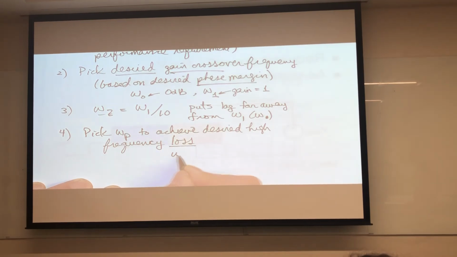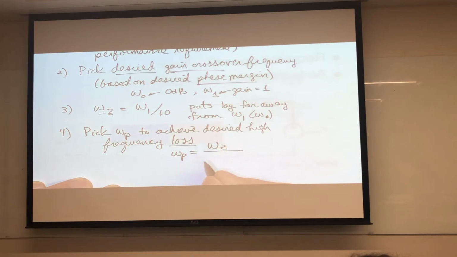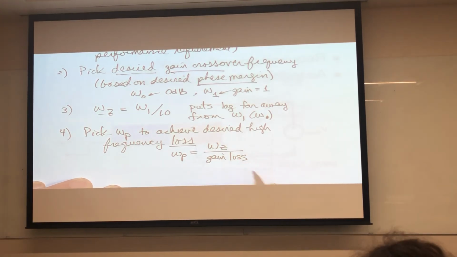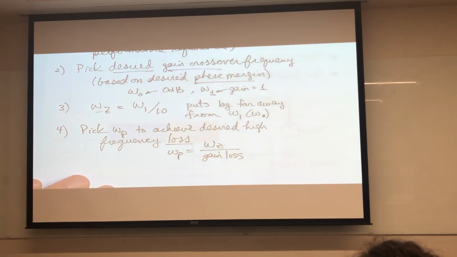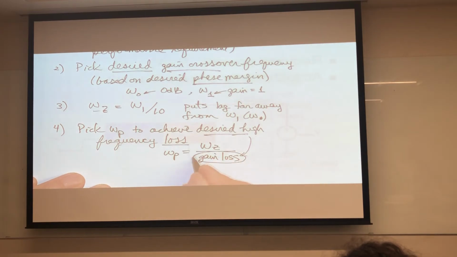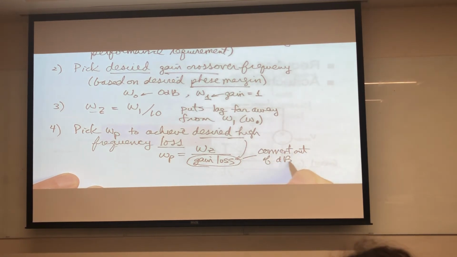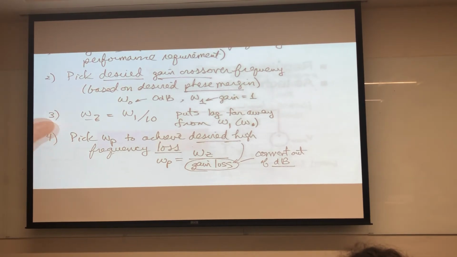And so it turns out that omega p is equal to omega z divided by the desired gain loss, the desired high frequency loss, that goes down here. Now, when we do this, make sure this is not in dB. In a class this size, half the students will make this error.